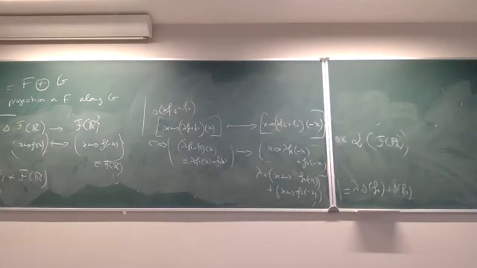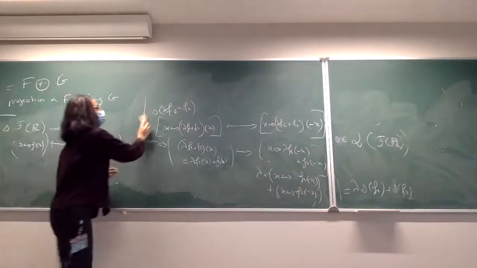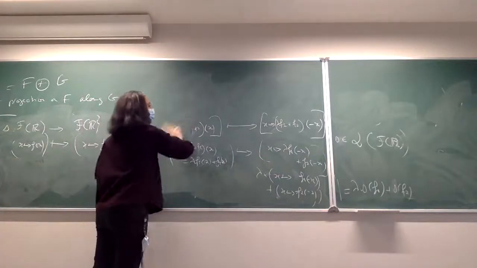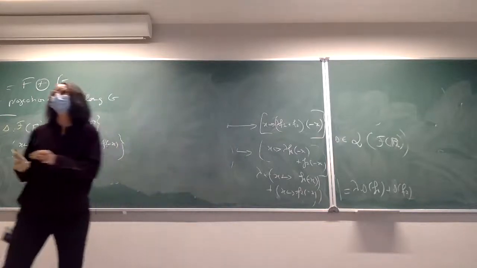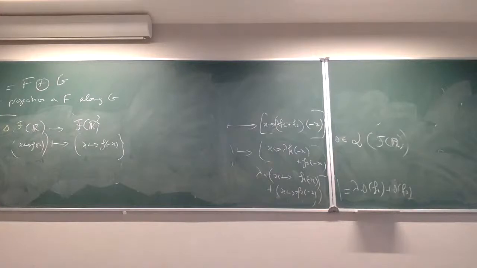So this notation, we really didn't use it a lot for real functions in general, but why is it well adapted to linear maps? Because the typical example of a linear map is a matrix.